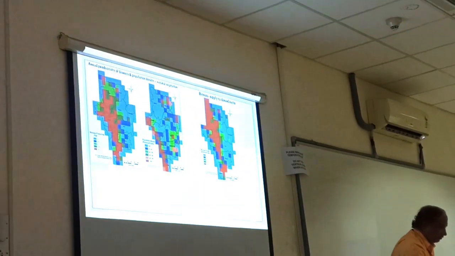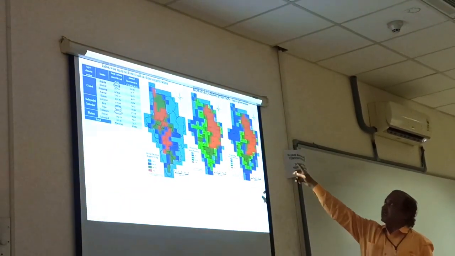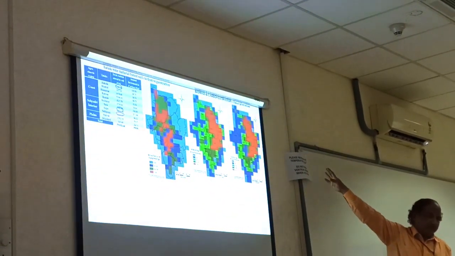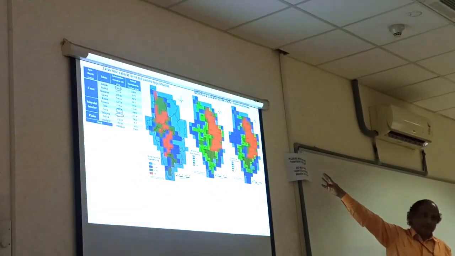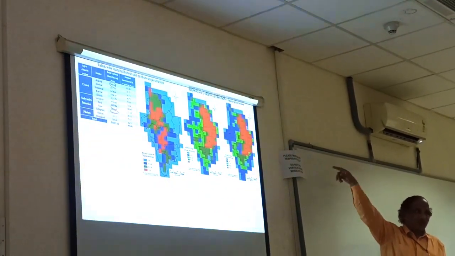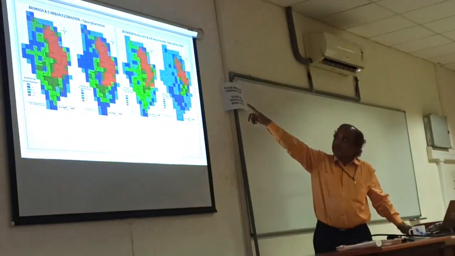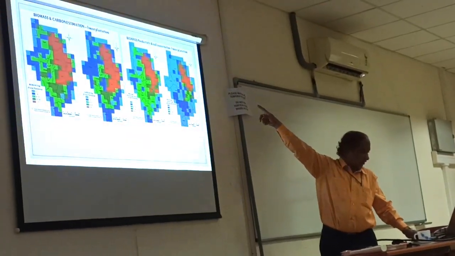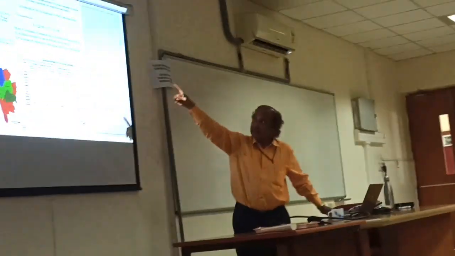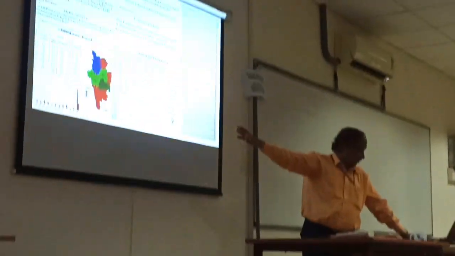Then we have the sequestration in the soil, and plantations also we have looked at, which is straightforward. I didn't see much increase in the plantation year to year, whereas in the natural forest we do see it. Then we have the biomass productivity and soil sequestration. And then finally, we looked at the emissions from various sectors.